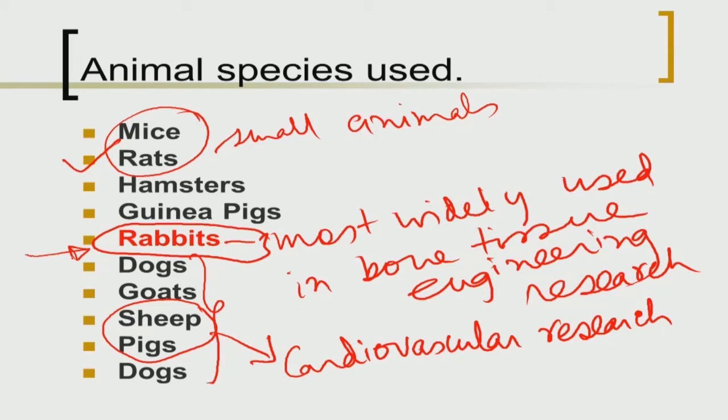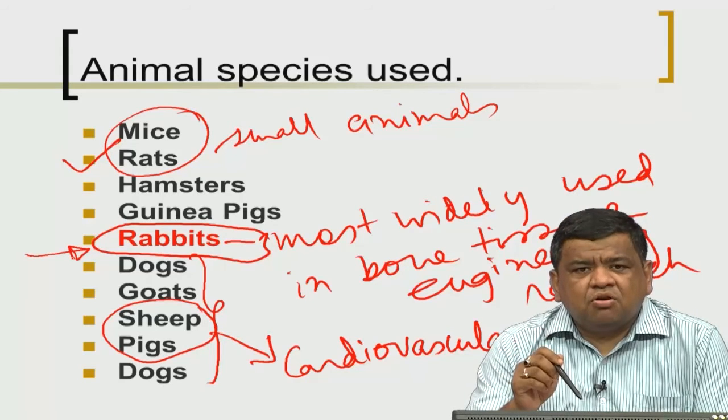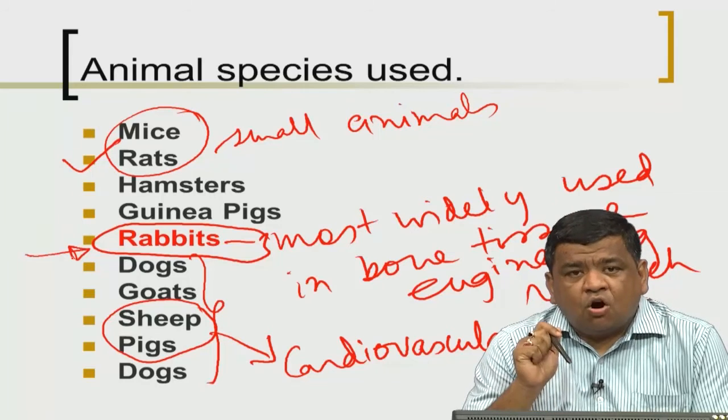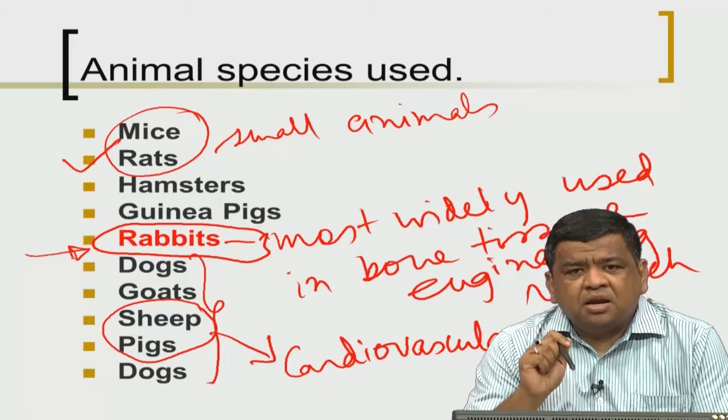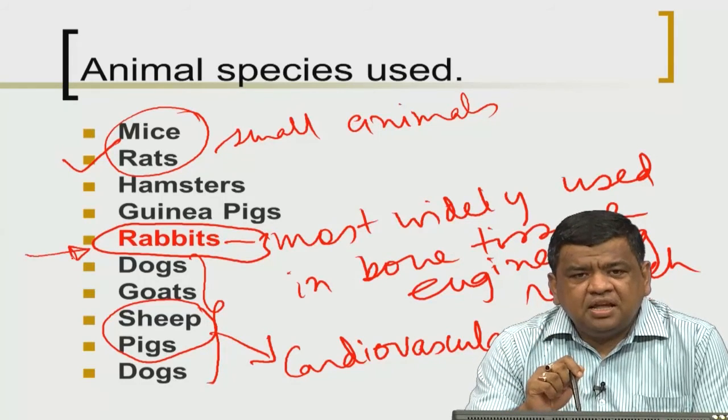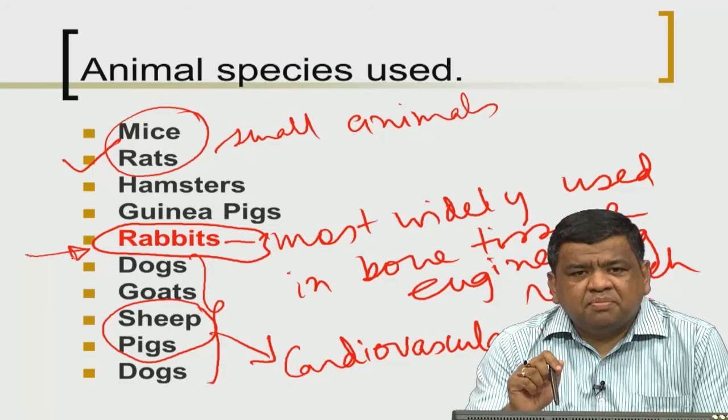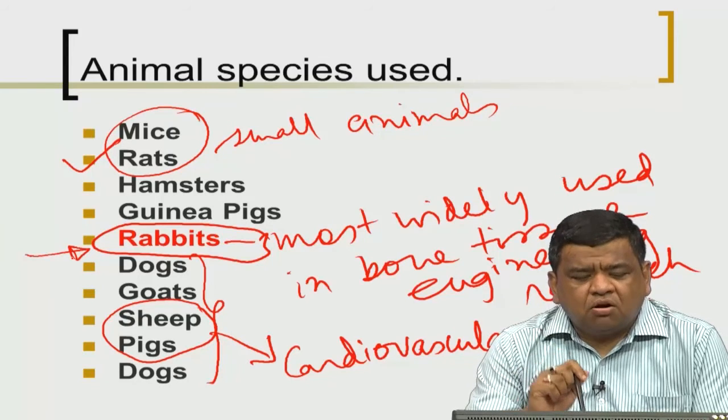In other words, simply carrying out preclinical experiments in small animals is not sufficient to claim the in vivo biocompatibility of that particular material, and on the basis of small animal model experiments only, clinical trials in human patients should not be conducted.